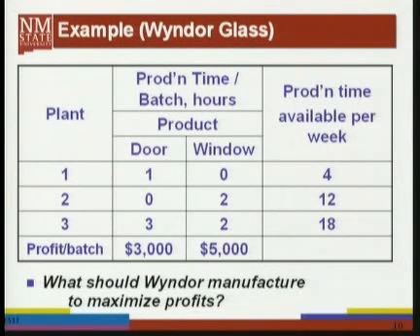And we are required to provide a production plan which maximizes the profit of window glass, right? So to formulate the mathematical linear programming model for this problem, first of all, we must define the relevant decision variables. You must decide how many doors and windows must be produced each week to maximize the profit.